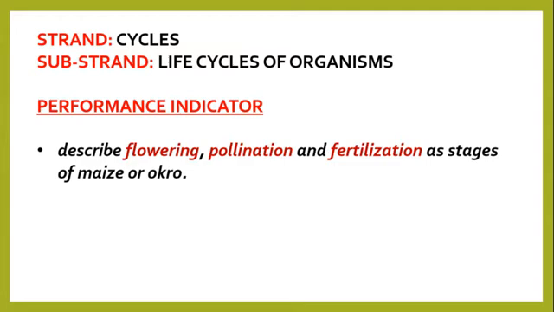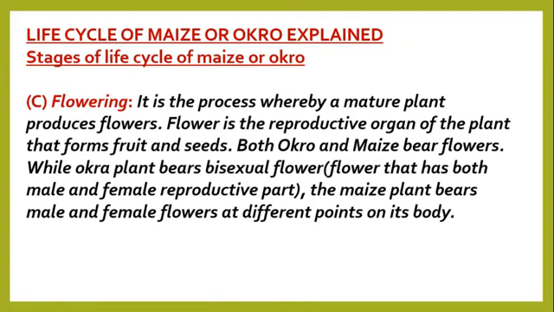Can you remember? Yes, we touched on germination and seedling as the first 2 stages of the life cycle. So let's begin with the 3rd stage. Today we are looking at flowering.